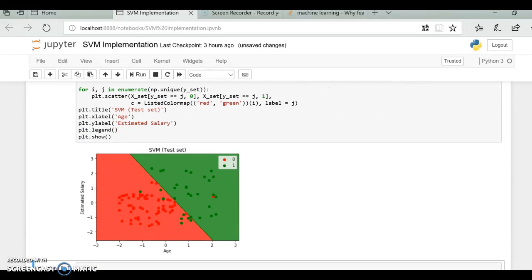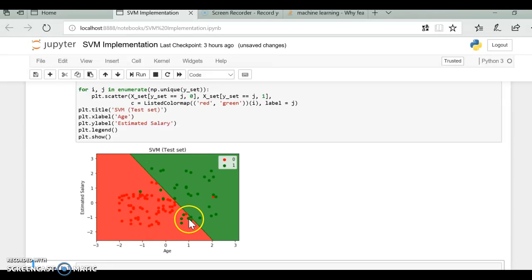Okay, in the test set this seems to be much better. We don't see much incorrect prediction. There is one here, but still most of the people who are unlikely to buy an SUV are predicted correctly, which is a good thing.